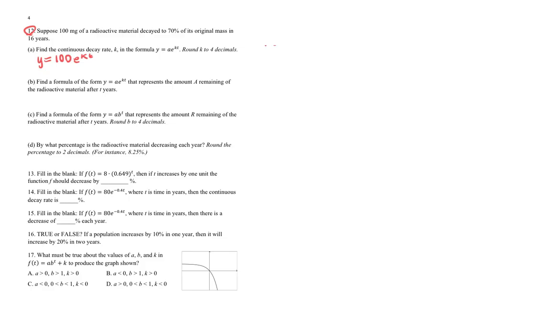And now our task is to solve for k. So I think my first step is going to be divide by 100 on both sides. Okay. So then I have 0.7 equals e to the 16k.